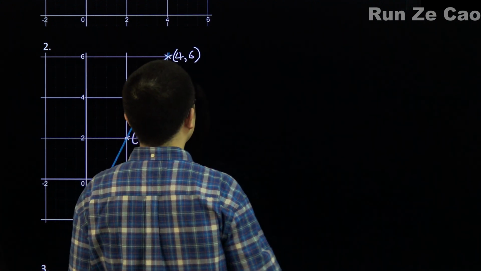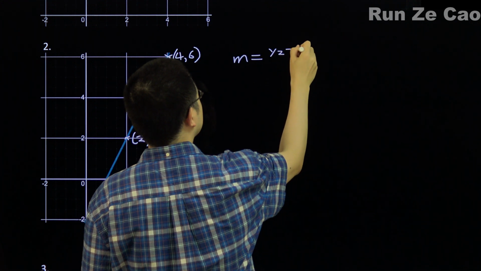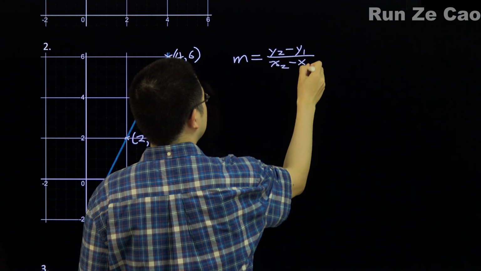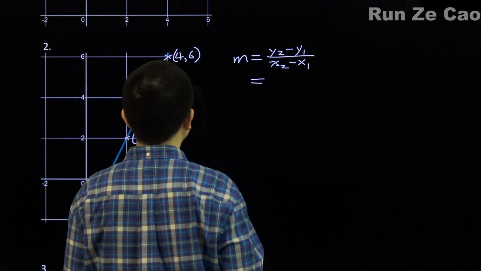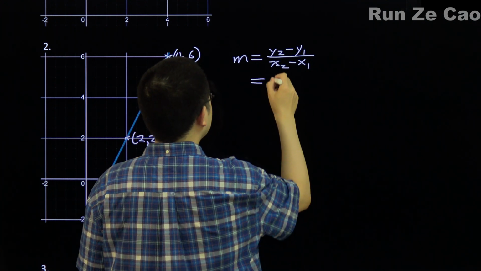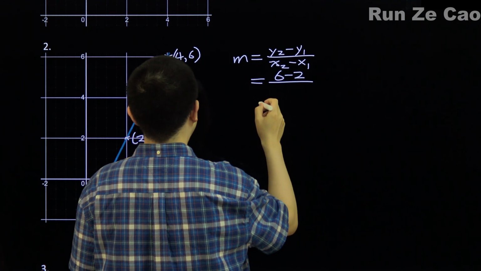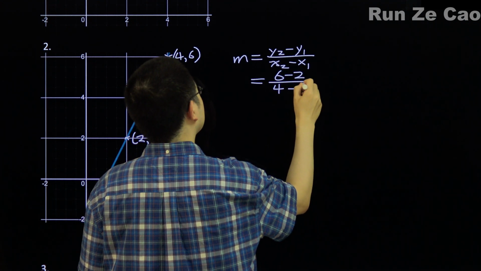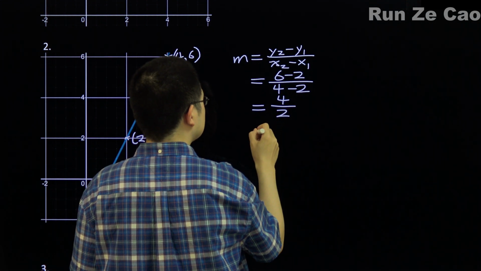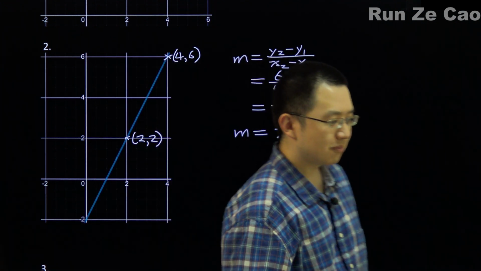So, m is equal to y2 minus y1 over x2 minus x1, which is 6 minus 2 over 4 minus 2. So that's going to be 4 over 2. In other words, 2. m equals 2.